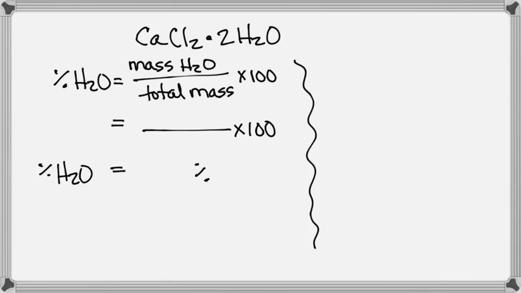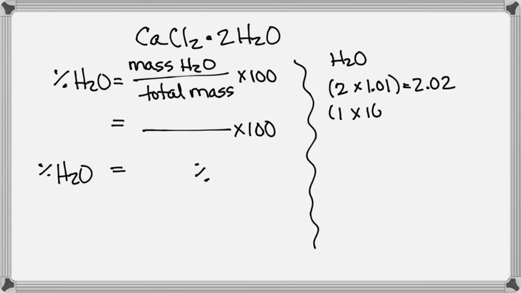So we have to find the mass of water. Well, since water is H2O, we know that we've got 2 hydrogen atoms. I'm looking at my periodic table. So 2 hydrogen atoms times its mass of 1.01. We also have 1 oxygen atom, times its mass of 16, which gives us 18.02.